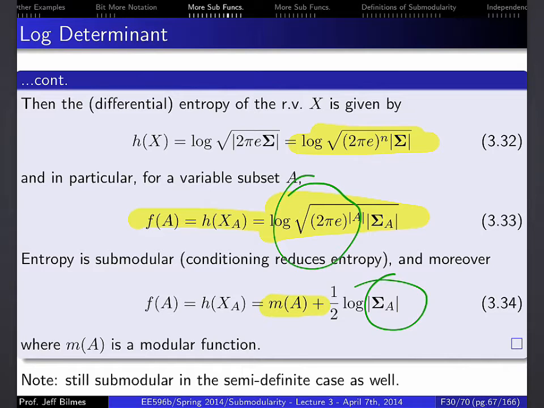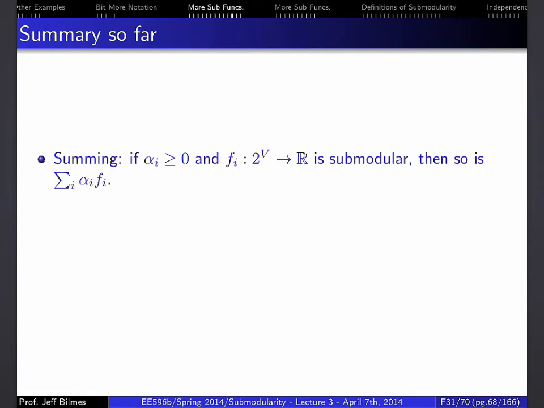So we subtract off the modular function, multiply by 2, and we've got log det. And we know that subtracting modular functions and multiplying by non-negative constants preserves submodularity, and so therefore log det is a submodular function. Okay? And you don't even need positive definiteness. Semi-definiteness is sufficient. Leave that as an exercise.